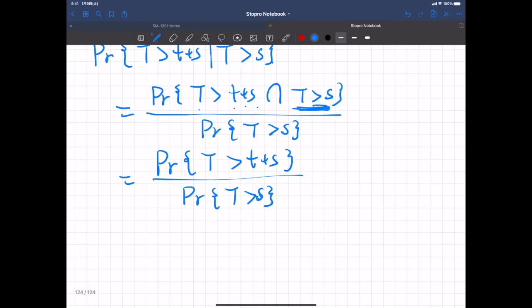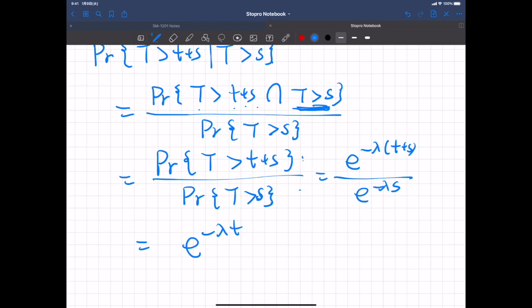And both numerator and the denominator are just a reliability function which we have already calculated. So that is exponential of negative lambda times t plus s over exponential of negative lambda s, and that is exponential of negative lambda t. So note that there is no s involved in the final result.